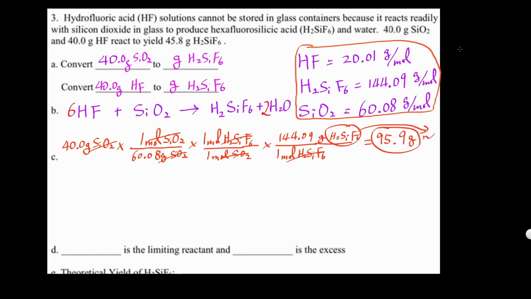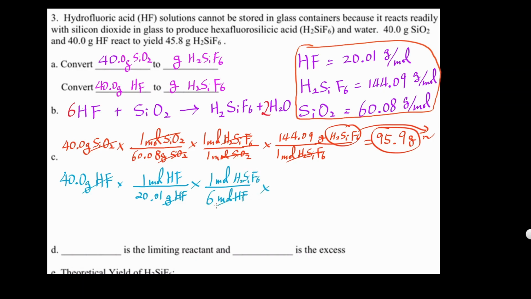Let me change color. We have to do the same thing, but this time assume we use all 40.0 grams of hydrofluoric acid. Its molar mass is different: 20.01 grams of HF in 1 mole of HF, and the ratio is different now. Look at the stoichiometry: it's 6 to 1. Every 6 moles of HF produce 1 mole of H2SiF6.